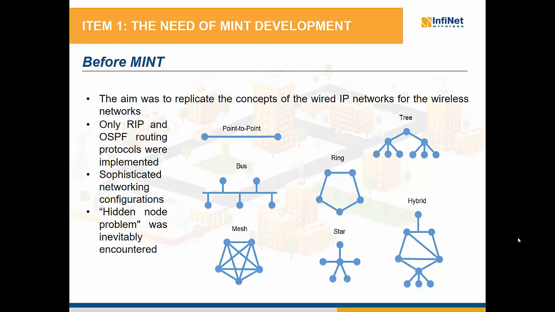But the initial design of the R5000 series was found to have some serious limitations. Firstly, the networking configurations were quite sophisticated, and secondly, all nodes within a mesh wireless network had to operate at the same frequency and use the standard method of collision avoidance, CSMA/CA, which was acceptable as long as the nodes could hear each other, but otherwise the hidden node problem was inevitably encountered.